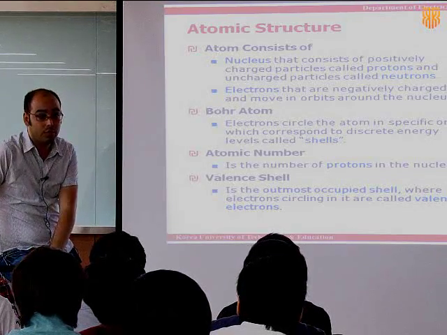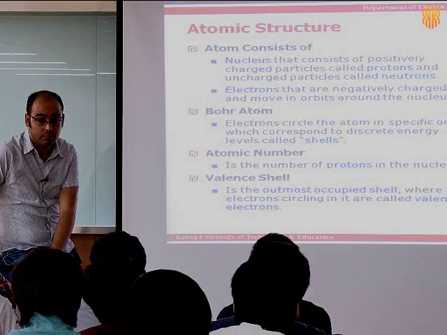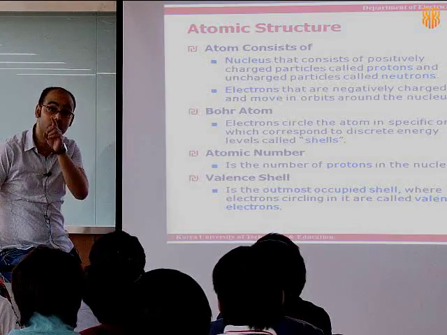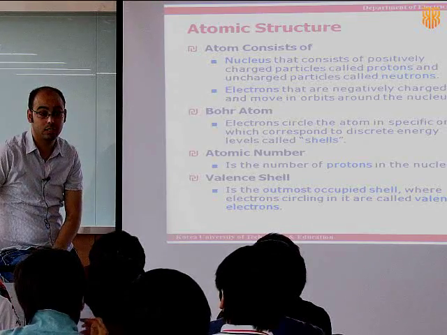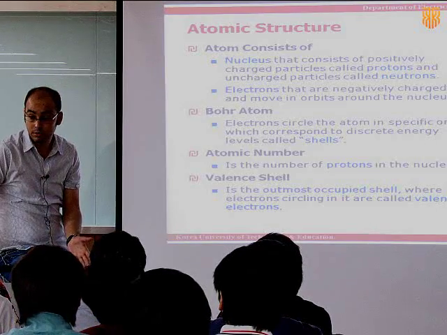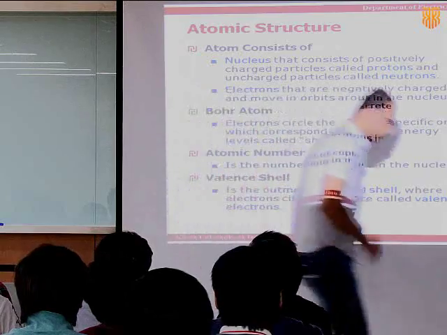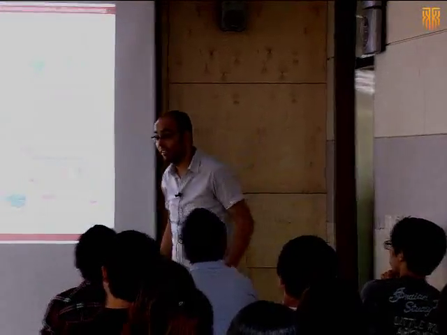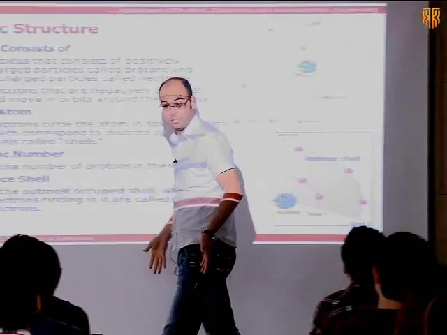So what is the speed of electrons? What is the speed of electricity? I turn on the light. What is the speed at which it works there? Speed of light, right?